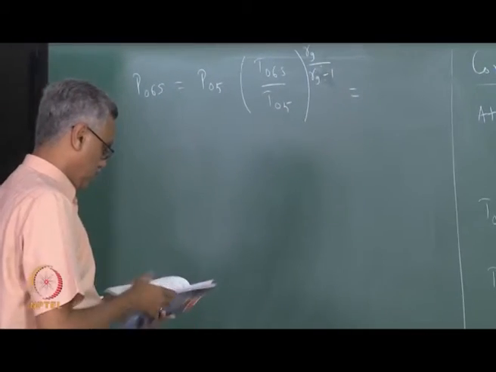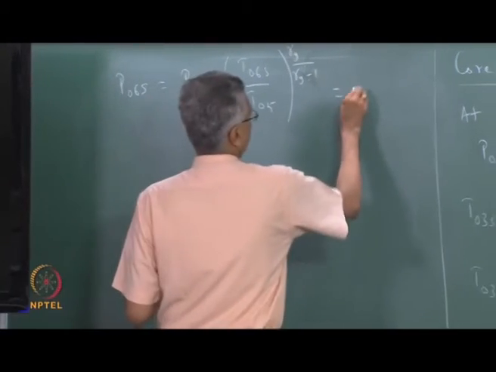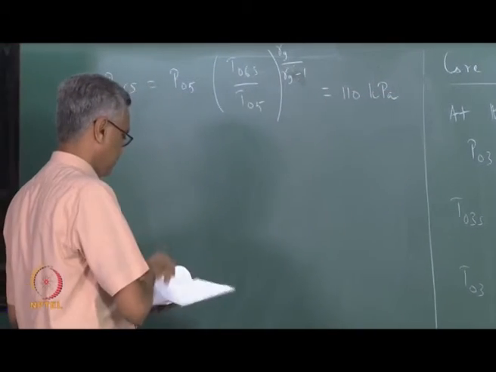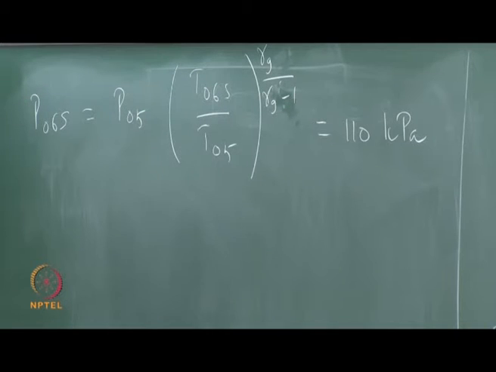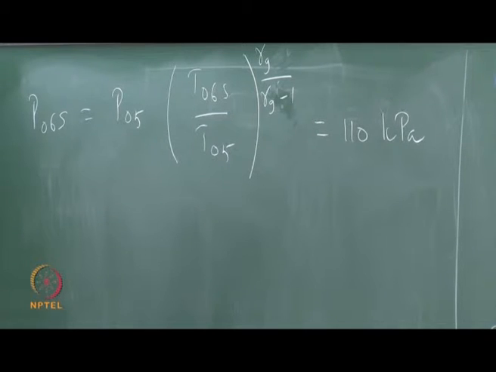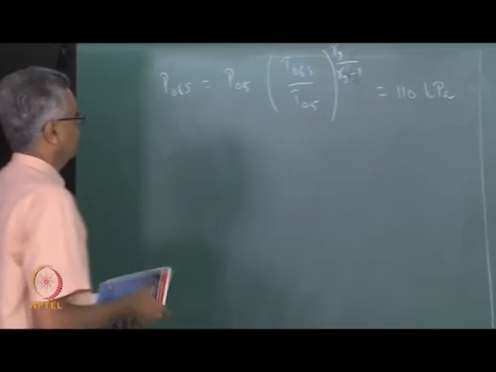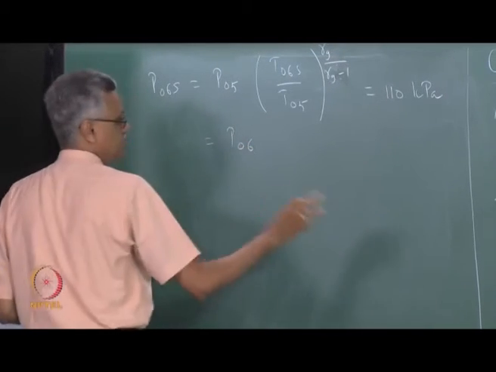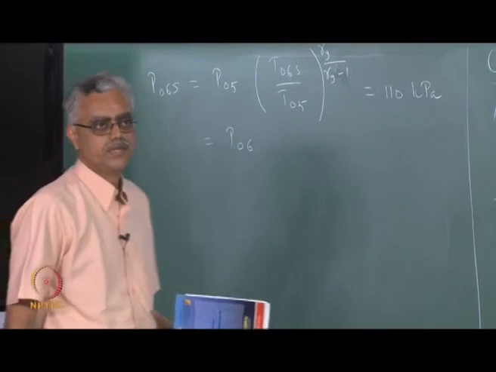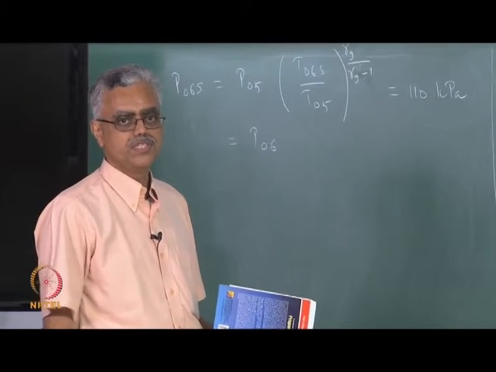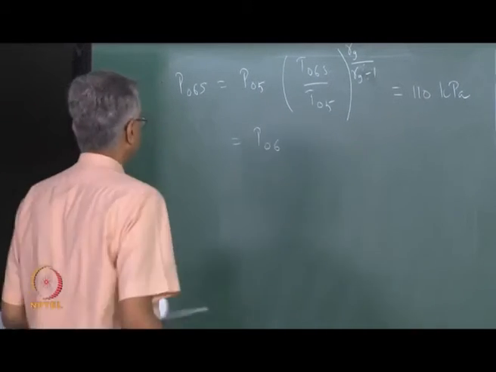And this value comes out to be 110 kilopascal. So this is also equal to P06. So I have T06 and P06. The next component is the hot nozzle. So what we do is we first evaluate the critical pressure.